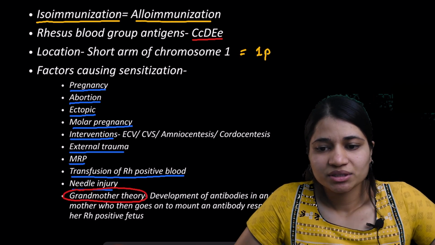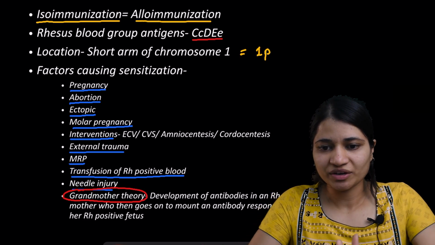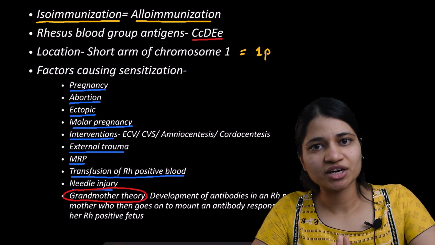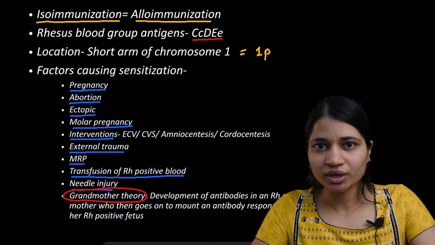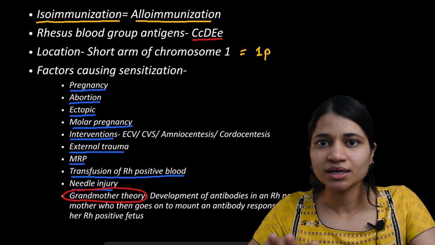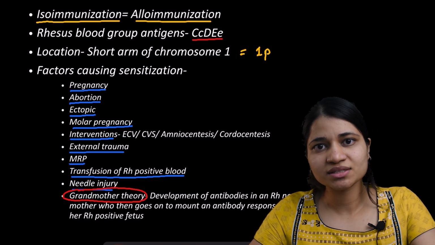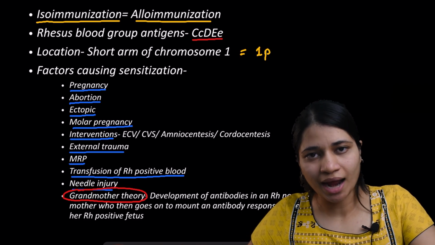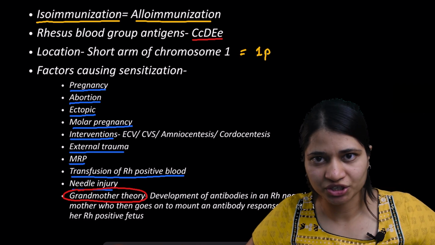So what is grandmother theory? When we have a mother who is Rh positive and she has an Rh negative baby, the antibodies in this mother can cross the placenta. When these go to the fetus, it develops an immune response and develops antibodies against the Rh antigen.